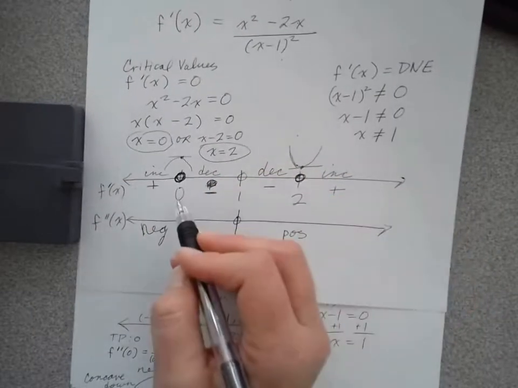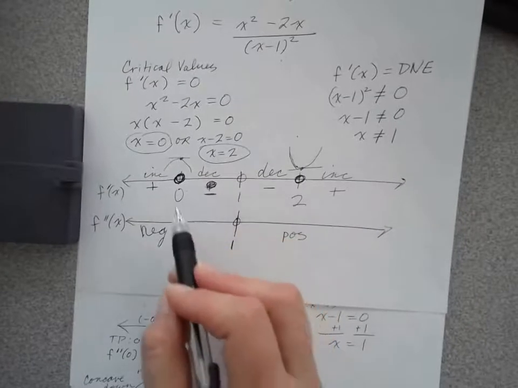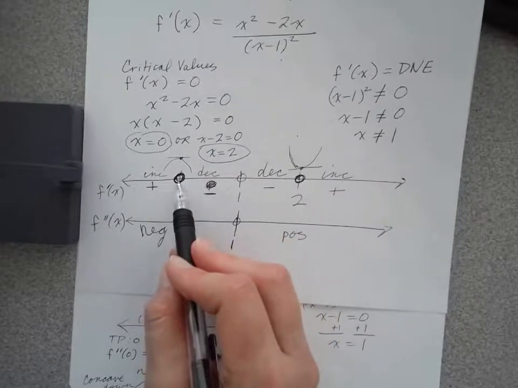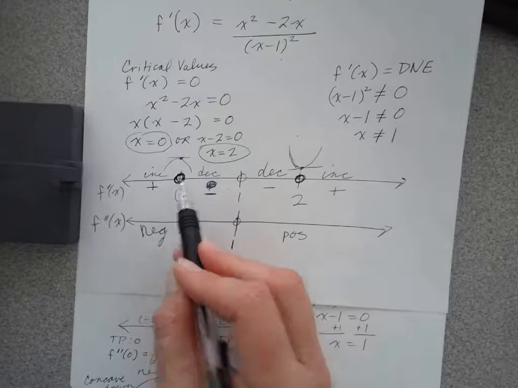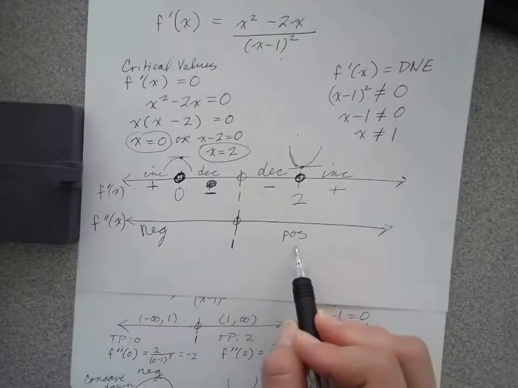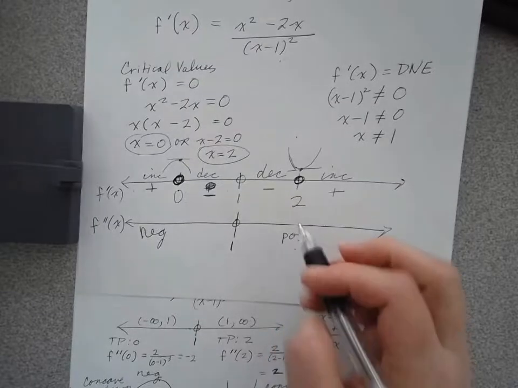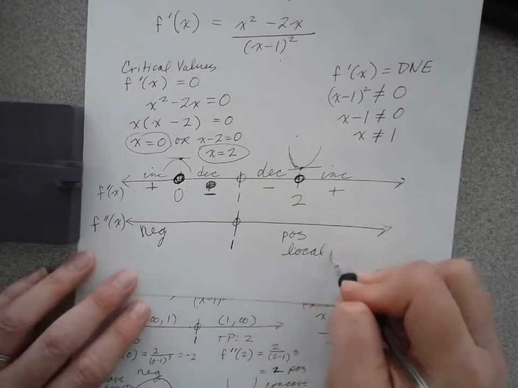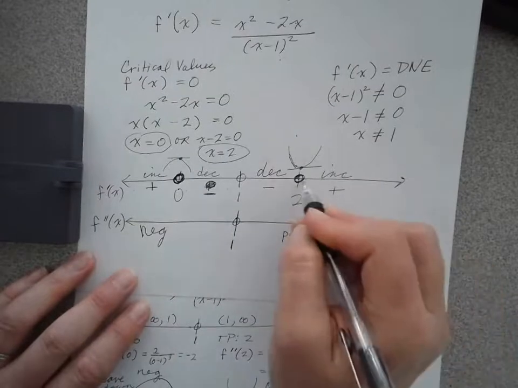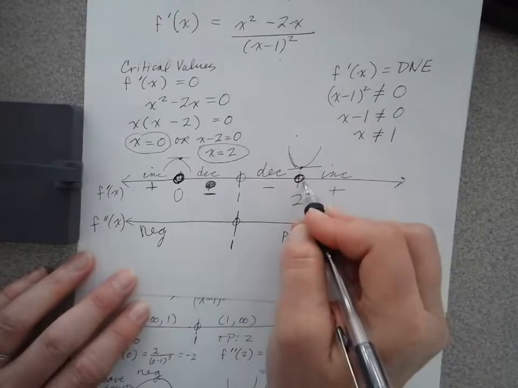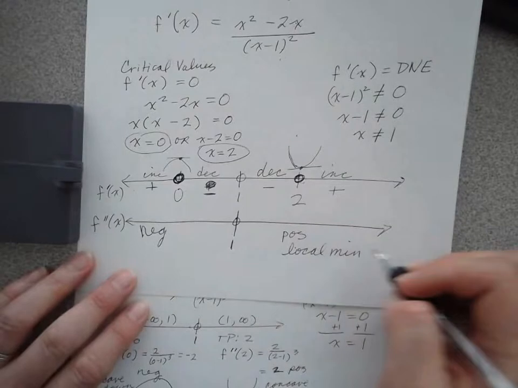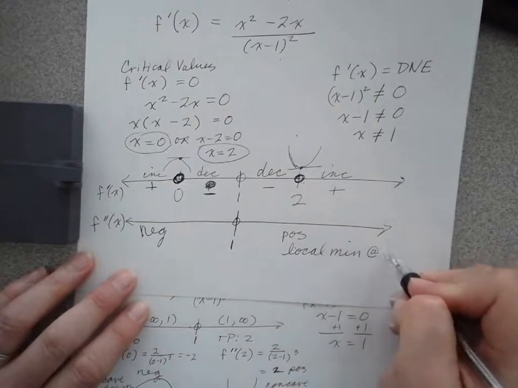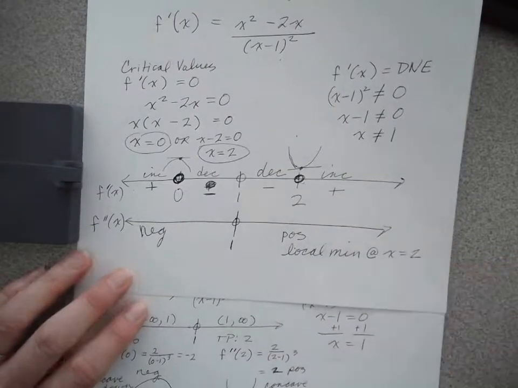So the second derivative test says if the first derivative is equal to 0 and the second derivative is positive, or greater than 0, then f has a local minimum. So local minimum at x equals 2.